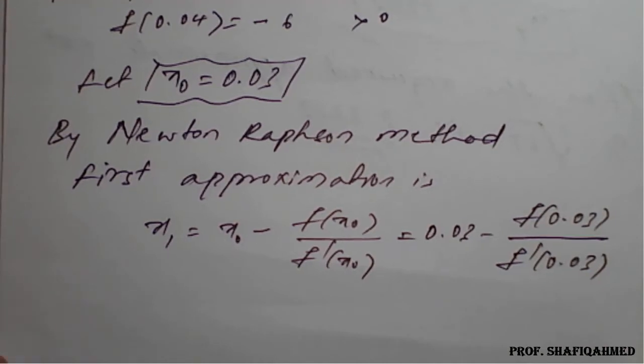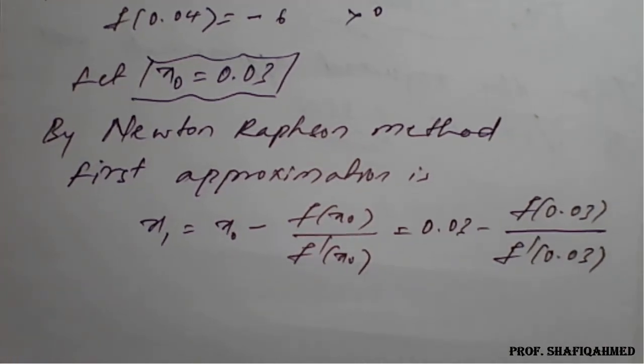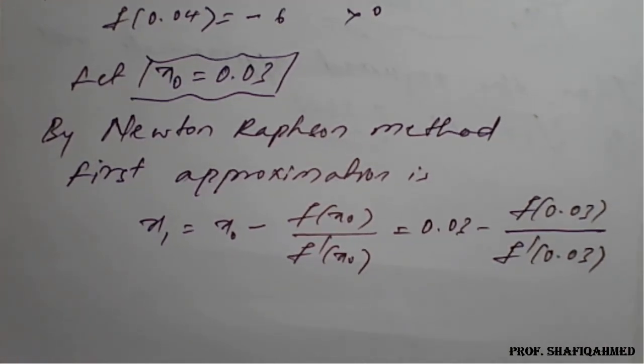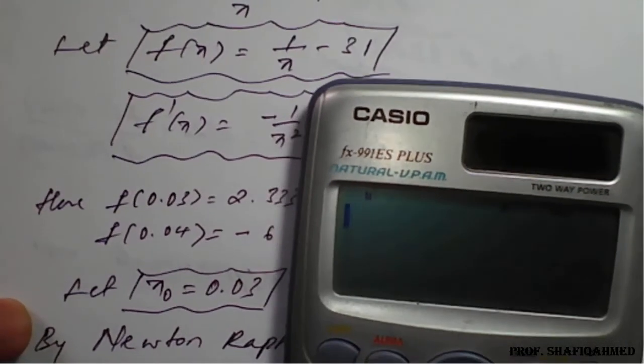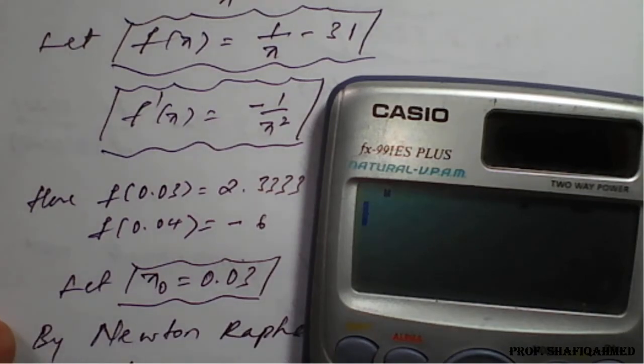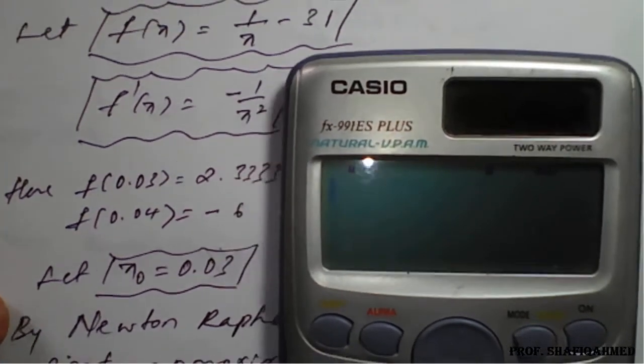So I will prepare this equation in the calculator so that it will be easy for our calculation. So we'll see here the formula. Remember what is f of x and f dash of x. With the help of that we need to prepare here.